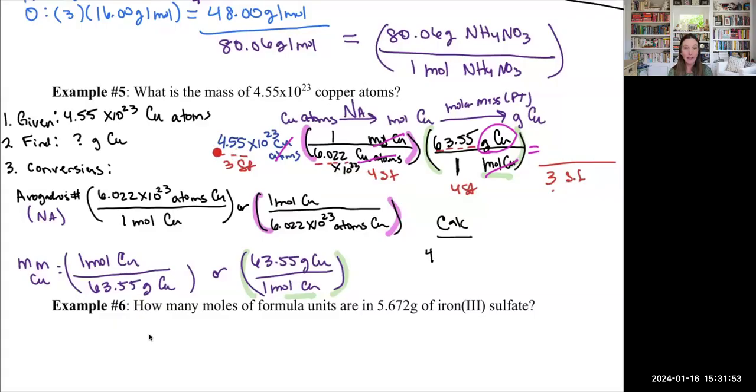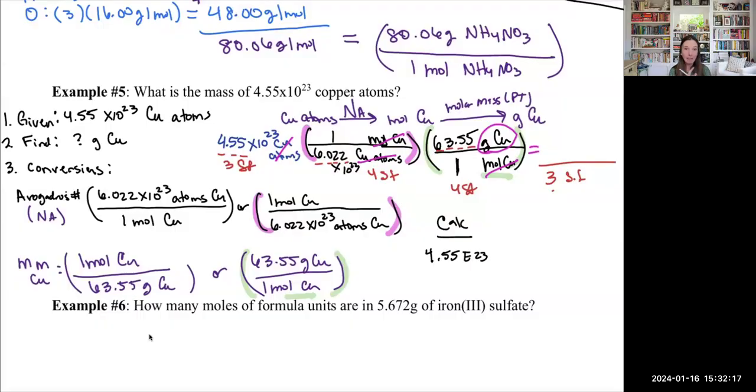So on the calculator, you start with a given, upstairs multiply, downstairs divide, ignore the ones. So 4.55 times 10 to the 23rd divided by 6.022 times 10 to the 23rd times 63.55. No parentheses needed if you're using your EE button properly. And we went over this with a couple of you.